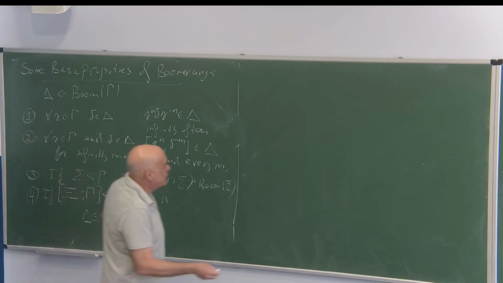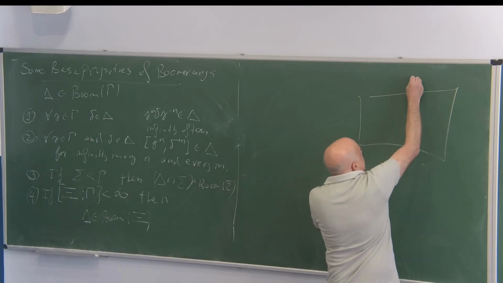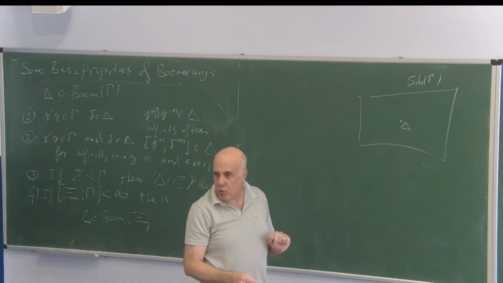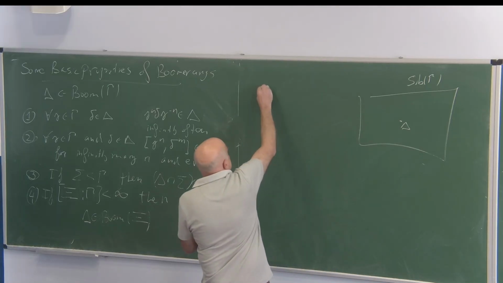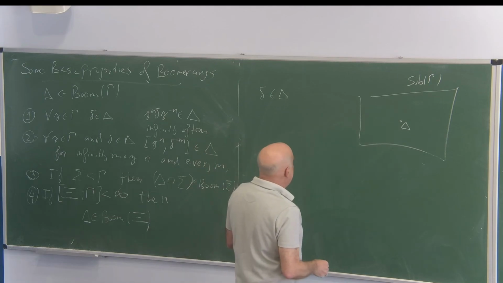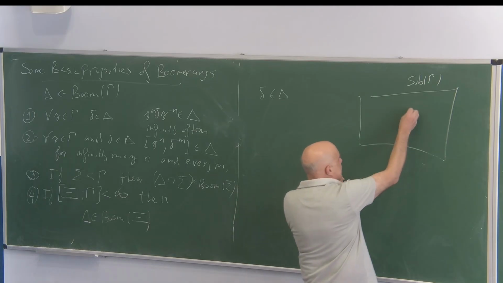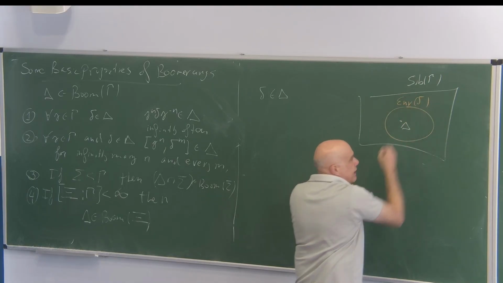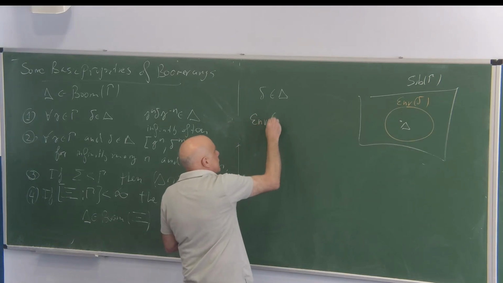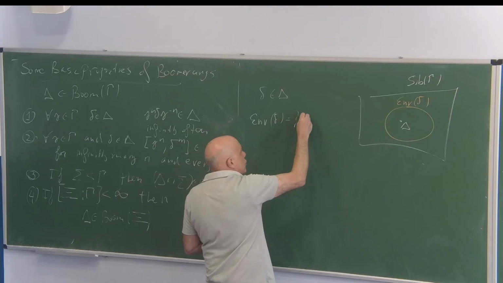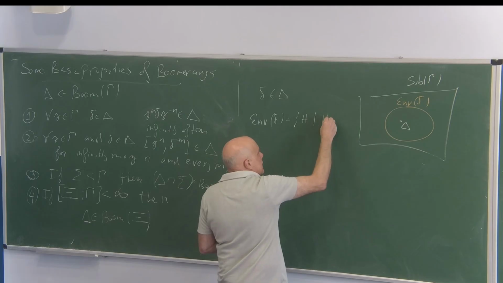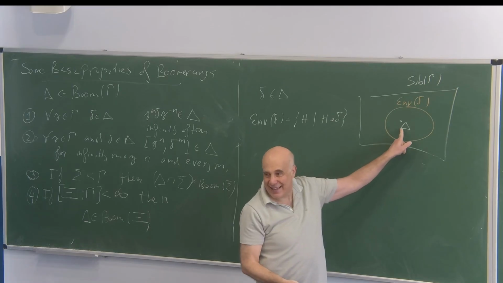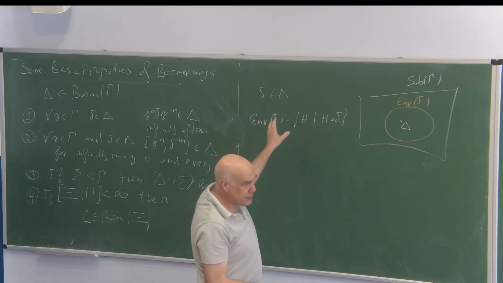So I start with the first one. Here is my space of subgroups of gamma, and let me take here a boomerang subgroup and an element delta in delta. Now here is a nice open neighborhood of delta, which I call the envelope of little delta. The envelope of little delta is just the collection of all H subgroups containing this little delta. So delta is one of them, since I started with an element in delta.